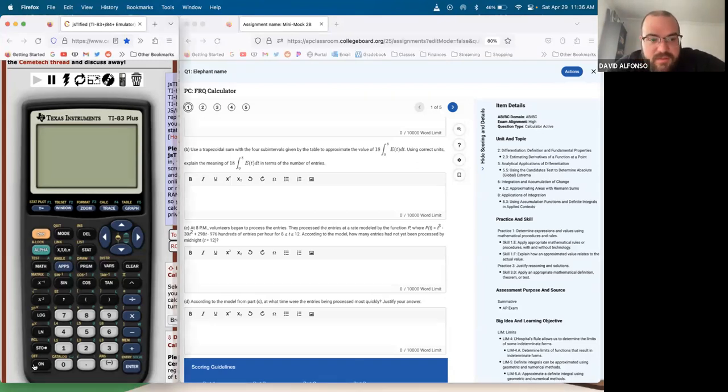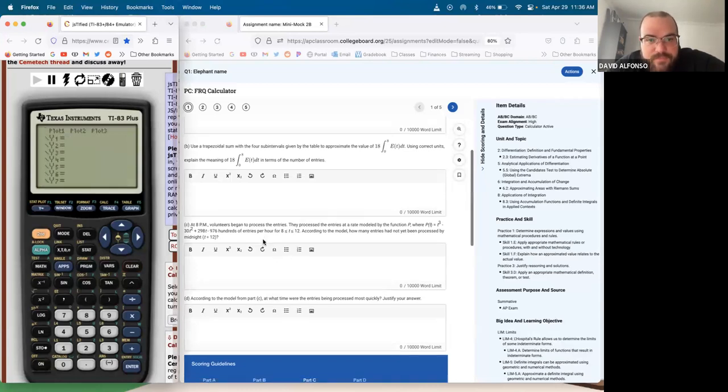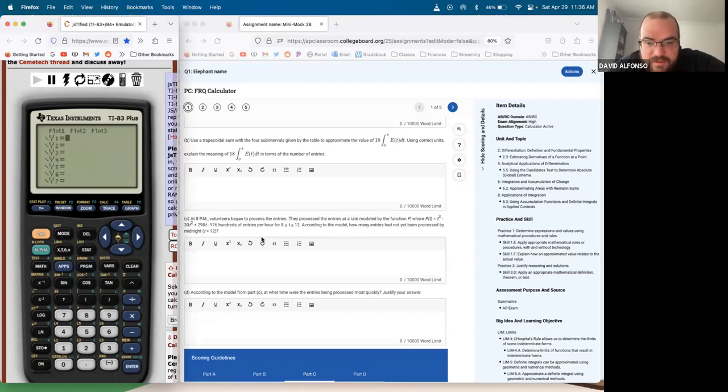So we can just graph this. Let's do it. What I'm going to do here is type out the function. The only variable you can work with is X, so even if you're working in T, just make it X. It's the same math. So X cubed minus 30 X squared plus 298 X minus 976.